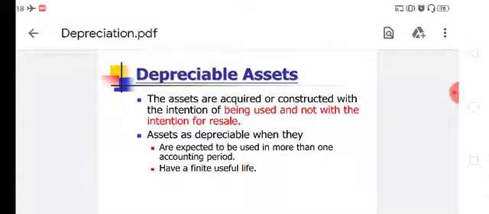The second condition is that it has a finite useful life. That means the asset should have a deadline, an ending period, after which the asset becomes zero or reaches a minimum price, that is, its scrap value. For example, after 10 years the asset becomes totally zero in value. It means you have to consider the life of that particular asset. That kind of asset is known as a depreciable asset.